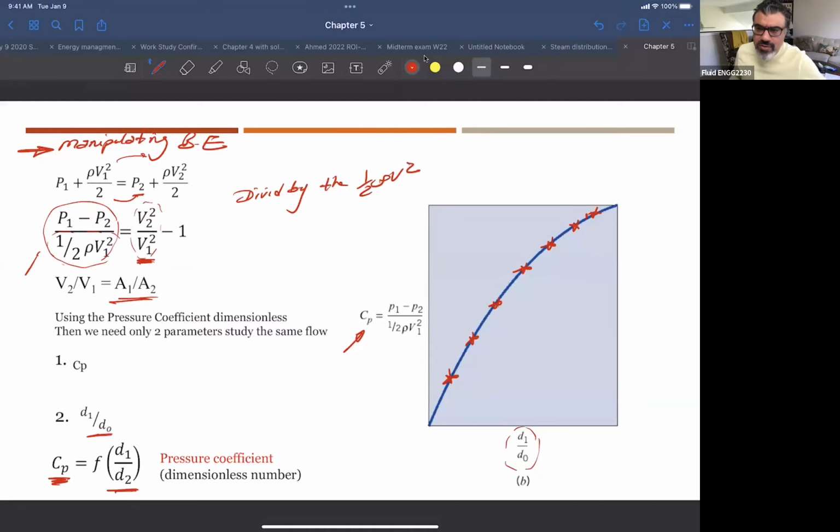Yeah, so I decided to group the parameters this way, right? And actually, this is the core of today's lecture. Why we decided to divide by half rho V square, for example. Why we decided to get the velocity V2 over V1 and stuff like that. Because, as I'm going to explain later on, we all have to agree in our fluid mechanics community, all the scientists and researchers, on some way of presenting these, right? So I'm not going to create my own way of presenting this, right?